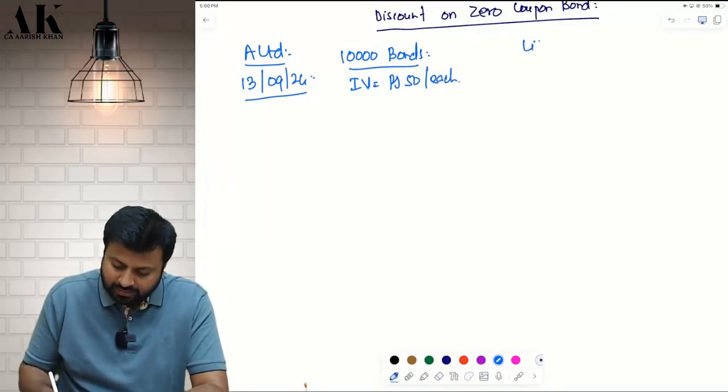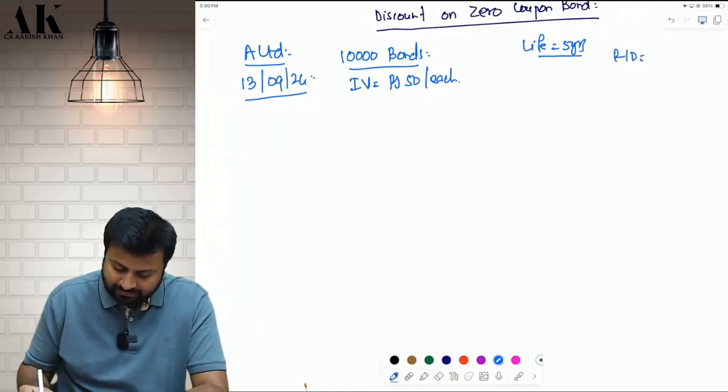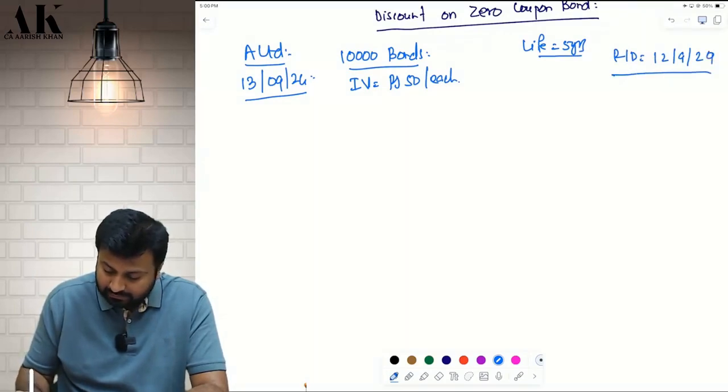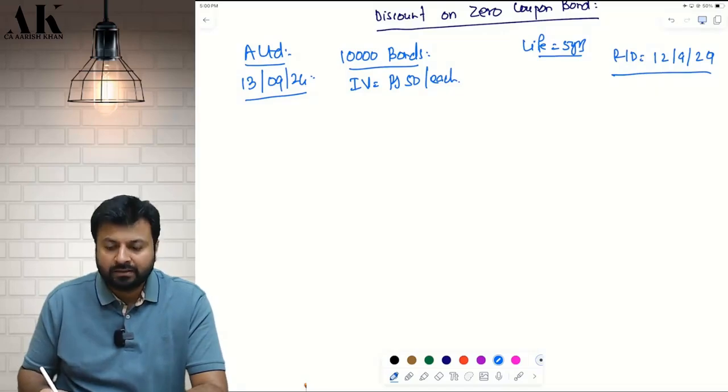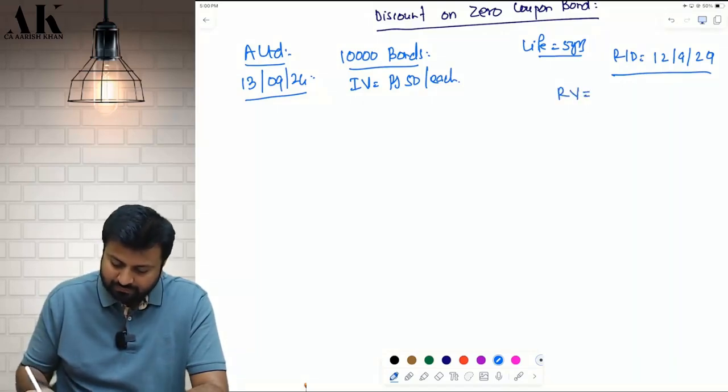The life of the bond is say 5 years. So the redeemable date after 5 years will come to 12th of September 2029. Is it clear? And the redeemable value at which I am going to redeem it, it is 100 rupees.